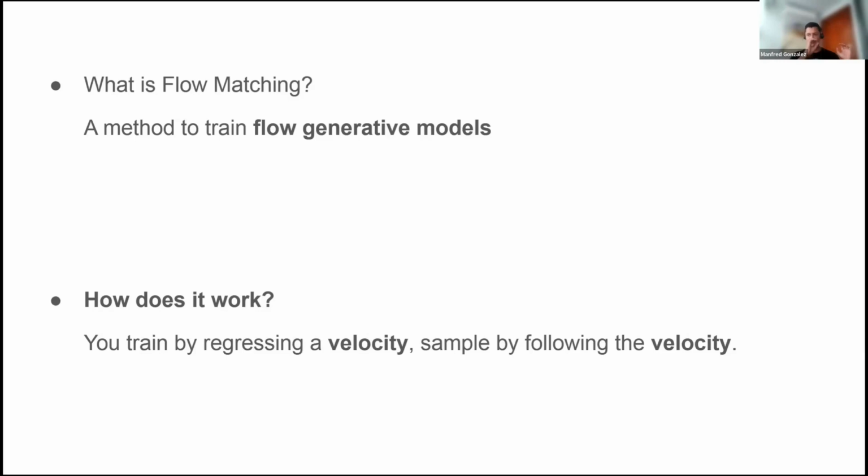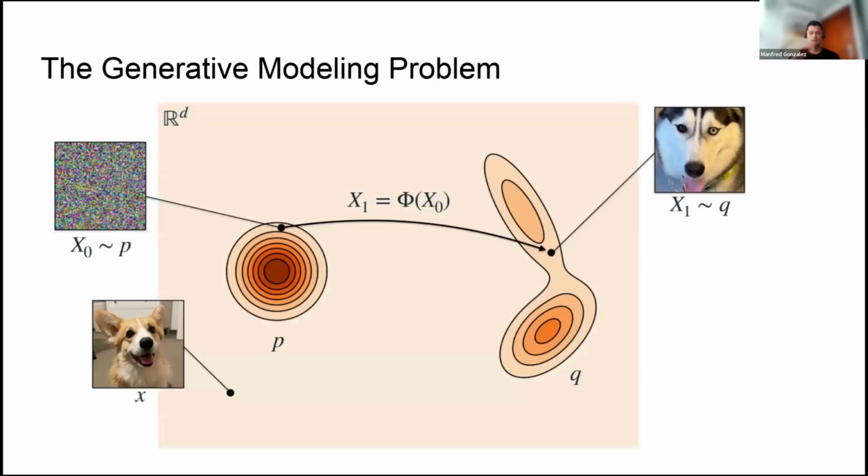You do this by basically trying to regress the velocity that will create a straight path from the simple distribution to your target distribution. Normally, the simple distribution is a Gaussian. We'll see this in further slides. So like I mentioned before, let's say you have this space of images, right? And in one part, you have this simple distribution, which is Gaussian noise, x0.